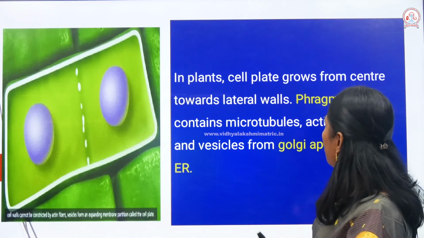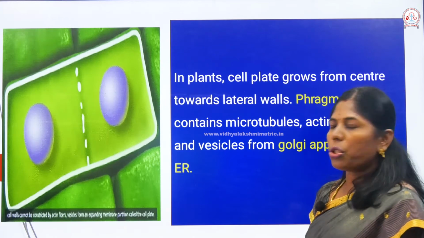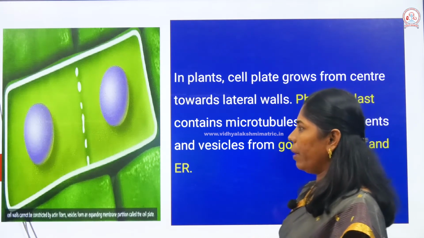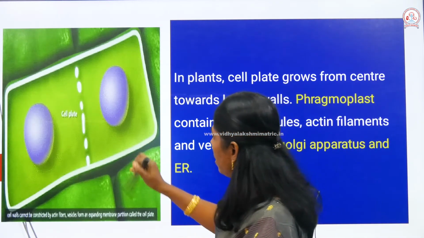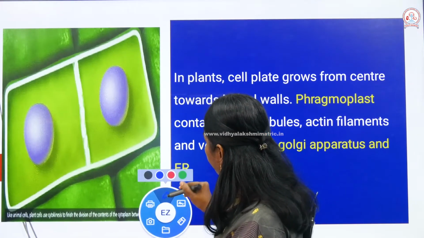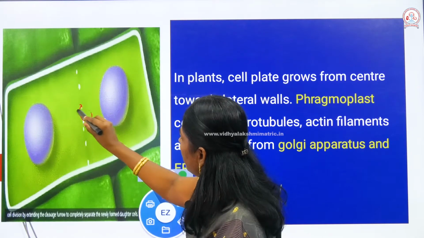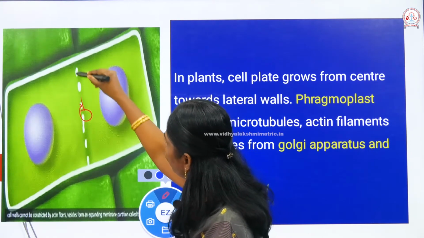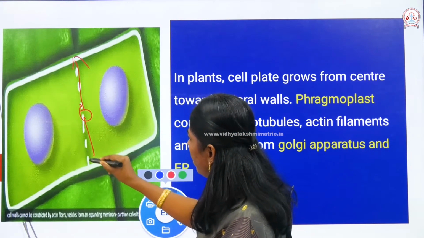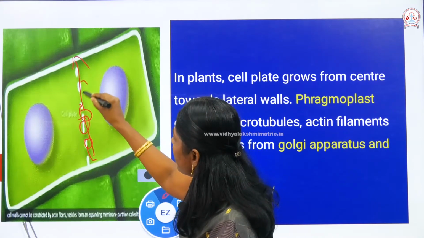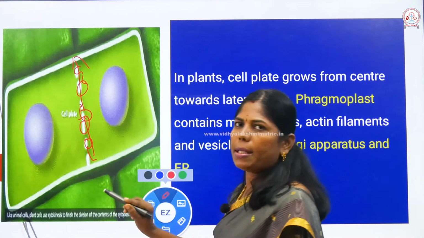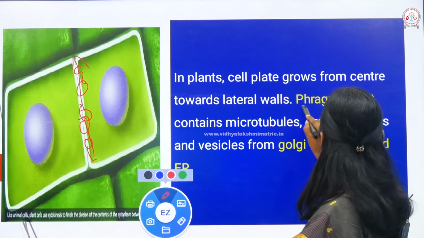So in the plant cell, the plate grows from the center towards the cell wall. Where does it form from? It forms from the center, so this is the center, and it is formed towards the lateral walls. There are small fragments, and these are called the phragmoplast.